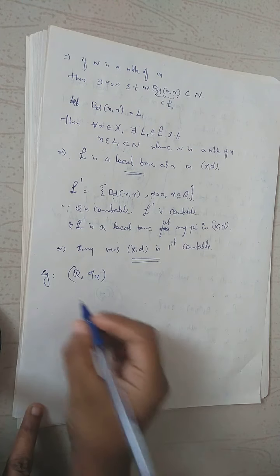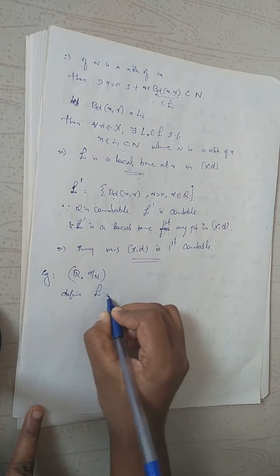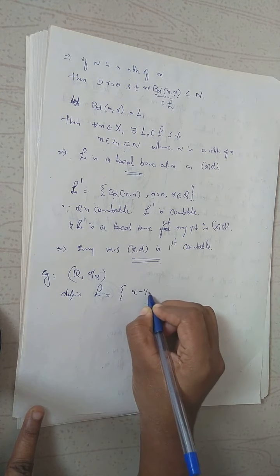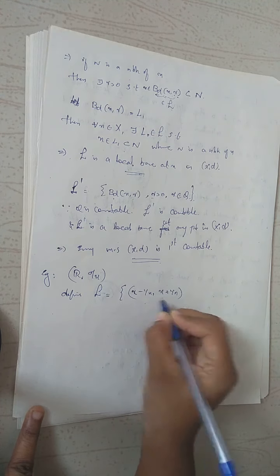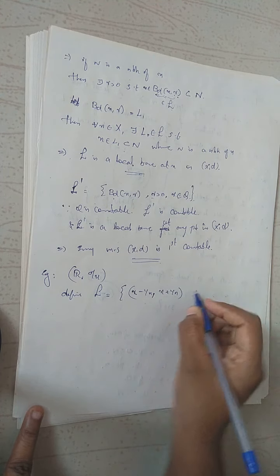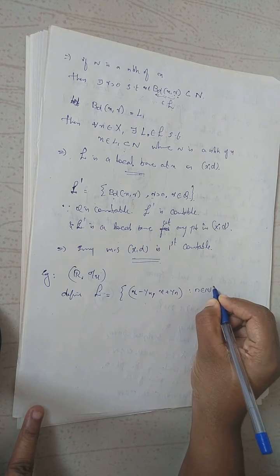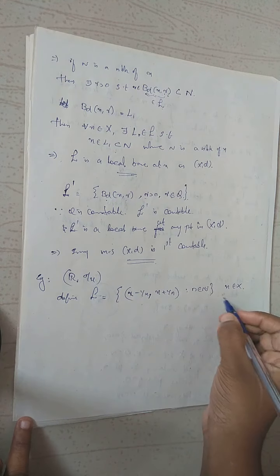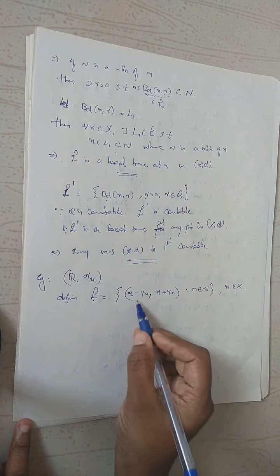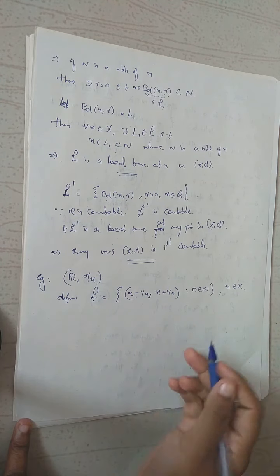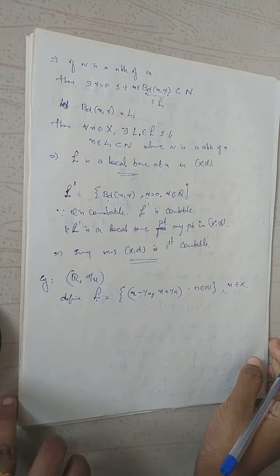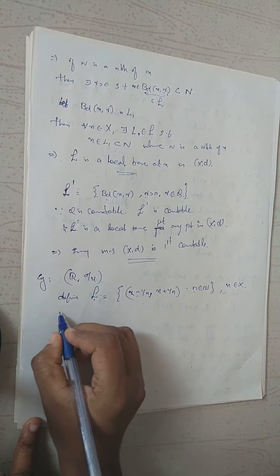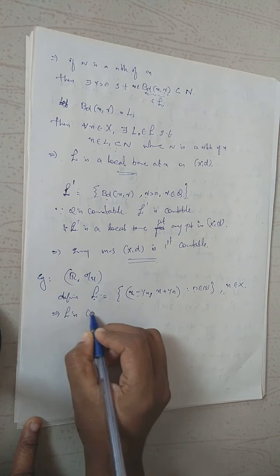Now I define script L as the set of all intervals of the form (x minus 1/n, x plus 1/n), where n is varying over the natural numbers, and x is a point in capital X. You can easily see that since the natural numbers are countable, L is clearly countable, which implies script L is countable.